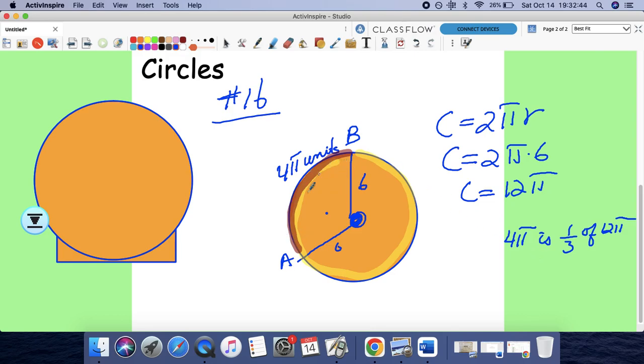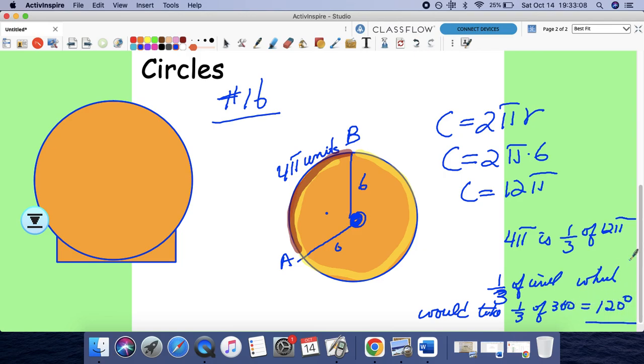So that occupies 1/3 of 12 pi. That means the arc represents 1/3 of the circle, which also would take 1/3 of 360, making it 120 degrees. Okay.